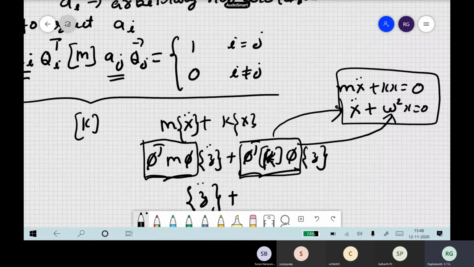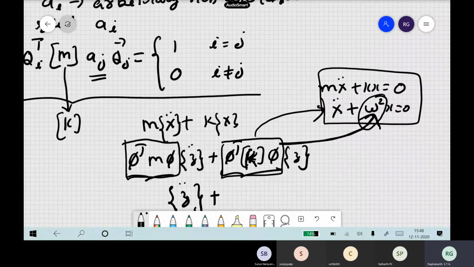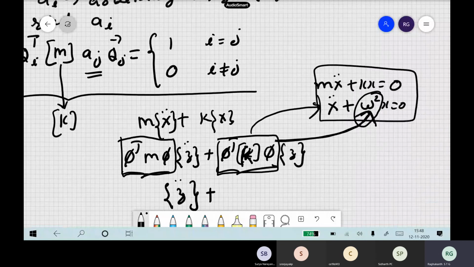Now see this expression. What should happen in this equation if I substitute the stiffness matrix here? So our criteria is, phi transpose k phi should be omega n square, omega square actually. Both of them are same.